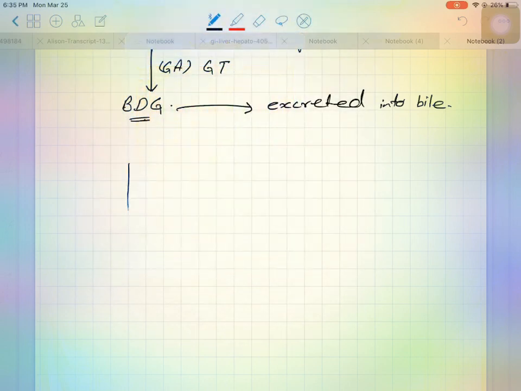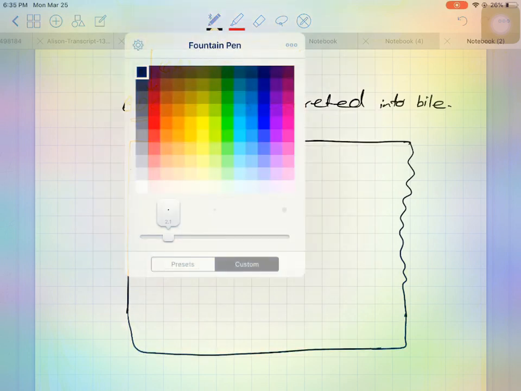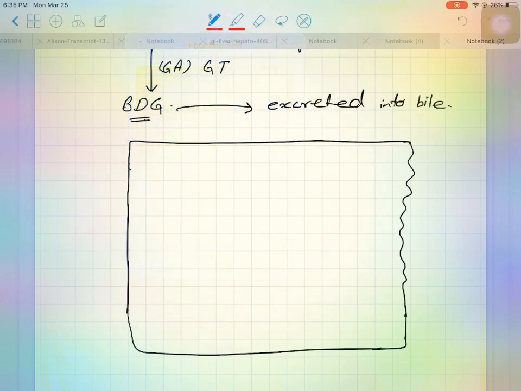So for example, now let's draw the hepatocyte again. This is the hepatocyte. Unconjugated bilirubin enters, and then it converts into two forms. Number one, bilirubin monoglucuronate.